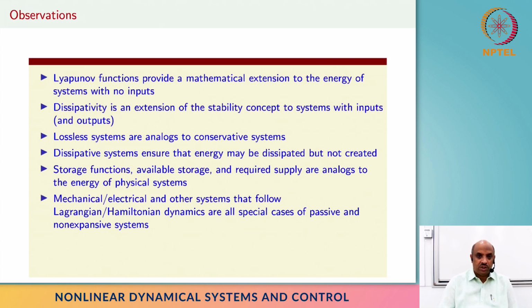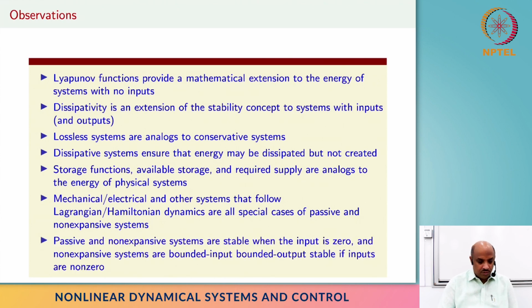All of them actually satisfy some kind of dissipative property, either passivity or non-expansivity, right? So like I said already, passive and non-expansive systems are very interesting to start with. They are stable with input 0, and non-expansivity is actually a generalization of bounded input, bounded output stable systems.